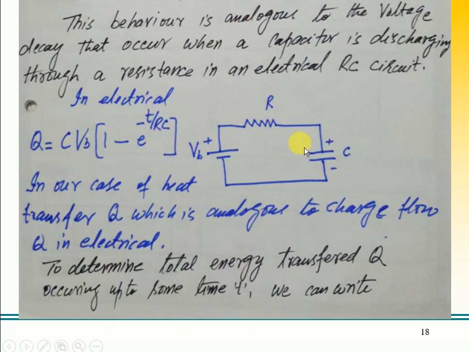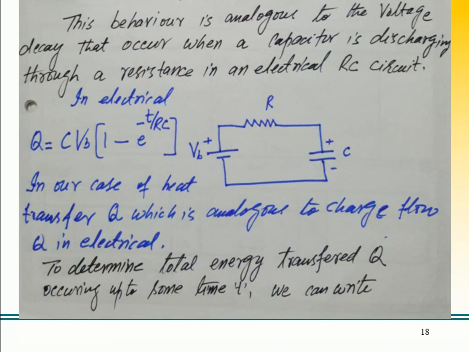If you see this RC circuit from the previous classes, there is the resistance and the capacitance. For that case, the charging and discharging of the capacitor is related with CVb(1 minus e raised to the power minus t over RC). The only difference is that R is the electrical resistance, C is the capacitance of the capacitor, and of course Vb is the voltage which is being applied.